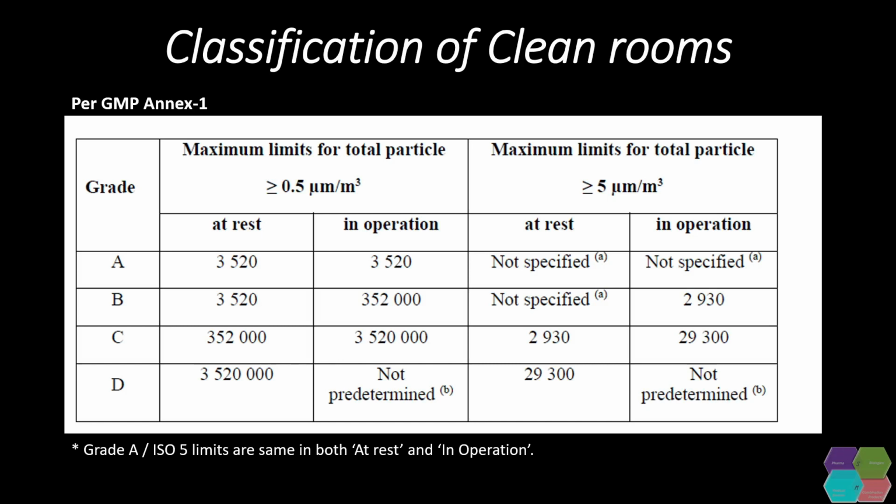Right. So in case of grade A, the limits are the same for at rest and in operation. Whereas for grade B, as you can see here, at rest the limit for 0.5 micron count is 3520, whereas for grade B in operation, the 0.5 micron count upper limit is 352,000.